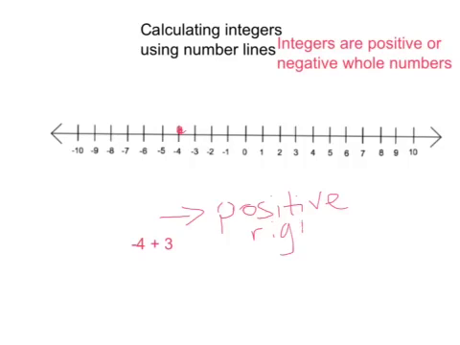So we're at -4 and we add 3, and if we do that we realize that we land onto -1. So -4 plus 3, according to our number line, is equal to -1.